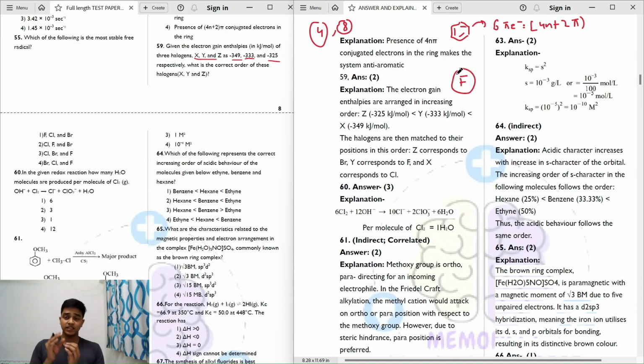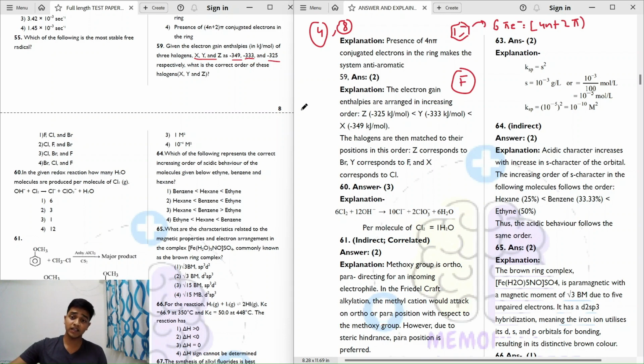Fluorine is very small in size, so the valence shell electrons are very close to each other. When an electron is trying to enter, there is a slight repelling. The valence electrons repel the incoming electron, whereas in chlorine the size of the valence shell increases, so there is a lot less repulsion, and the electronegativity of chlorine is also very high.